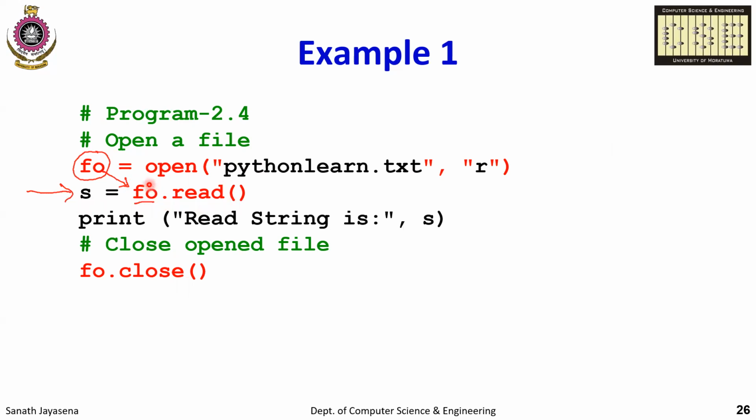The read method of the file object F4 will read the contents of the file, and whatever has been read will be kept in memory somewhere, and its reference is returned to S. So S will now get access to the contents of the file in memory as a result of this read operation.